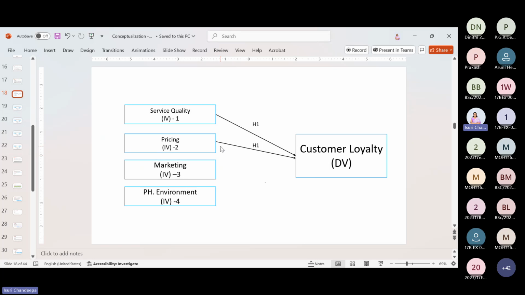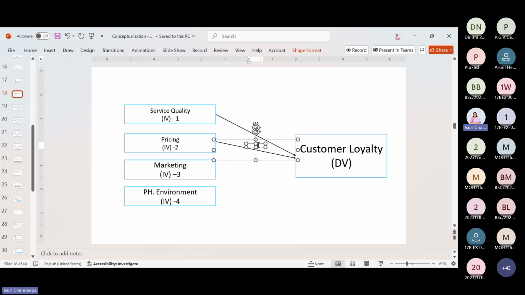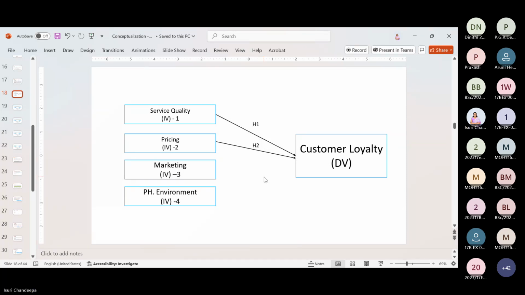Second arrow, you need to name it H2, or else with the hypothesis. This is the relationship and this is the testable statement, H1. So third one.